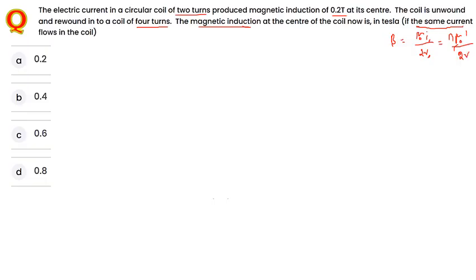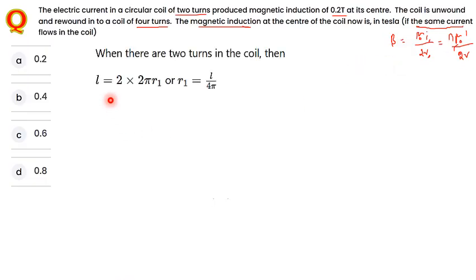Suppose the coil has two turns, with the radius given here. If the coil is wound into four turns of the same radius, let me tell you what it means for the length. Say for example, consider a circular coil.